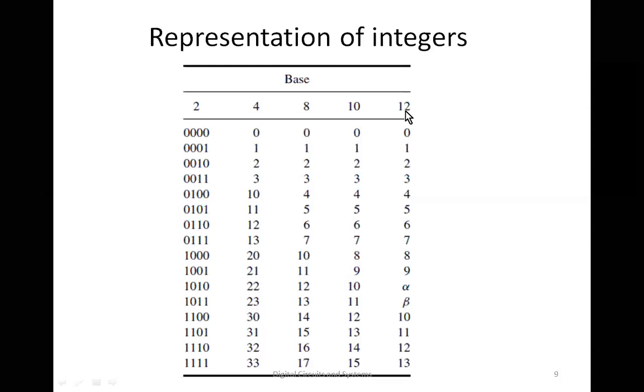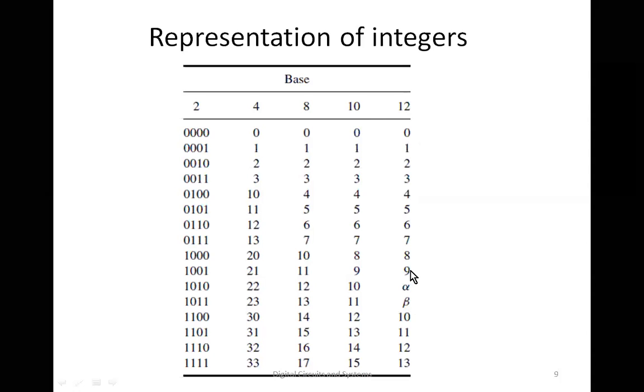And with base 12 counting, let's see. Base 12 means a number system in which 12 symbols are used: 0, 1, 2, 3, 4, 5, 6, 7, 8, 9. From 0 to 9 means totally 10 symbols, and they have used alpha and beta, where alpha is 1 unit higher than 9, and beta is 1 unit higher than alpha.